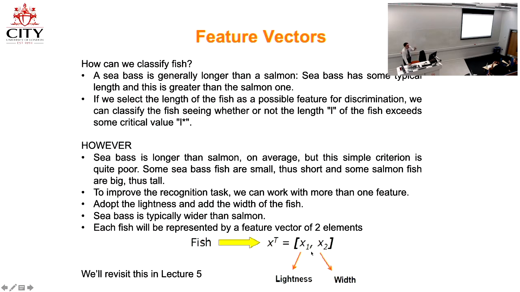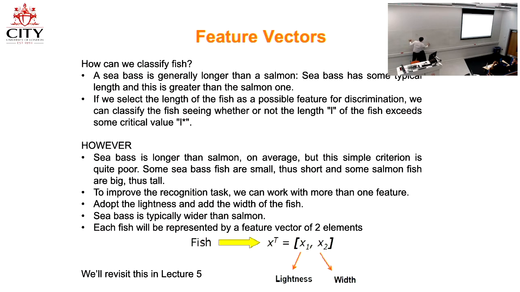So I have a different value. I have the lightness and I have a width. So what I do is I create a feature vector. I say the fish that I saw has a lightness of 100 and a width of 500. The other fish that I saw has a lightness of 50, and what I am basically doing for simplicity is making it into 2 dimensions.